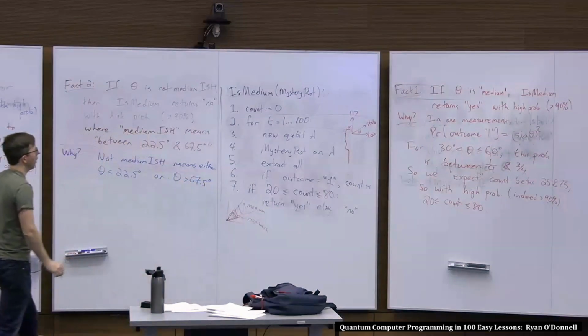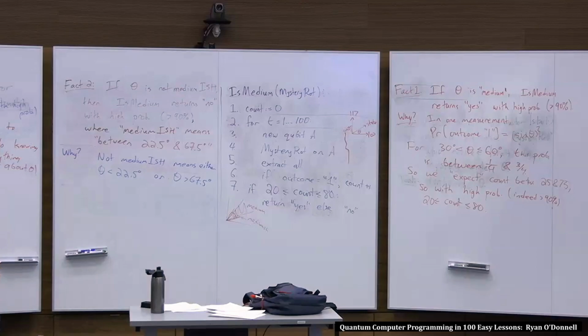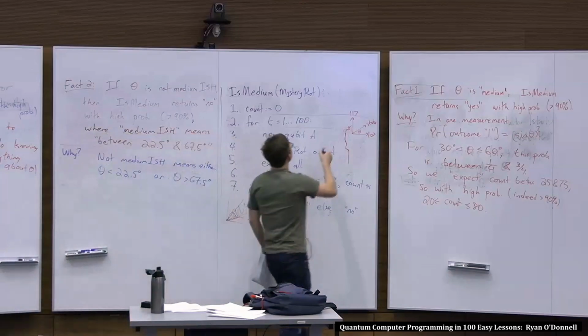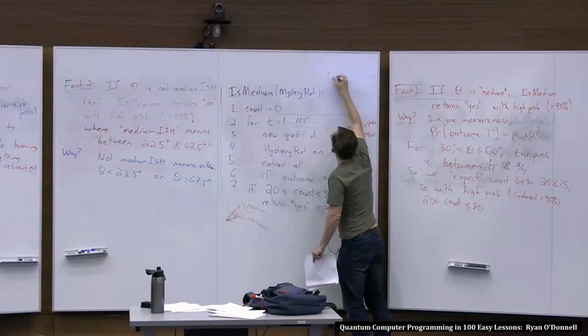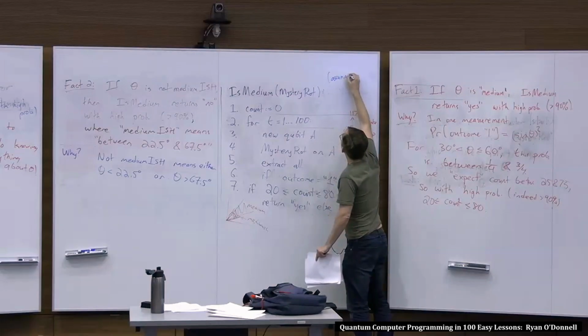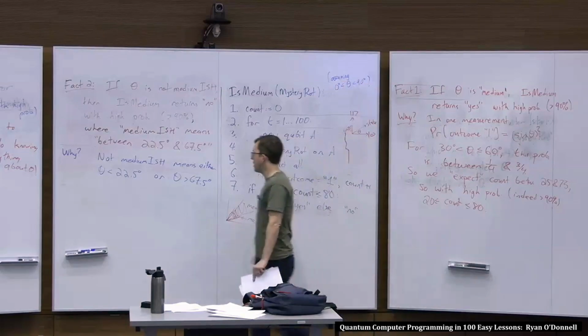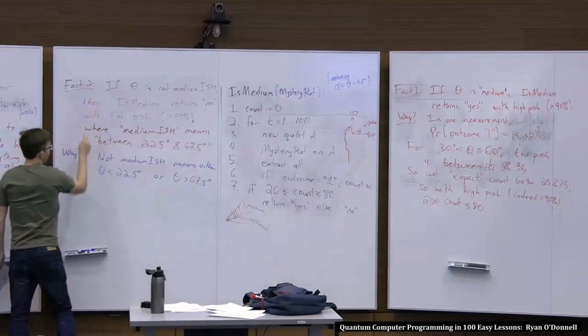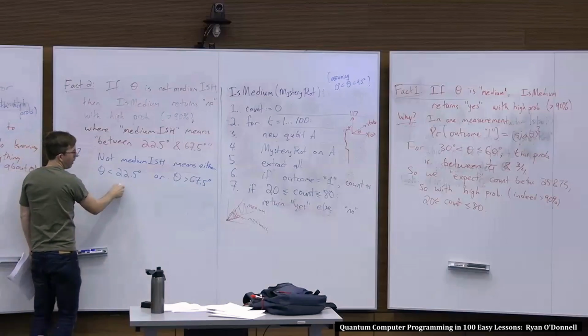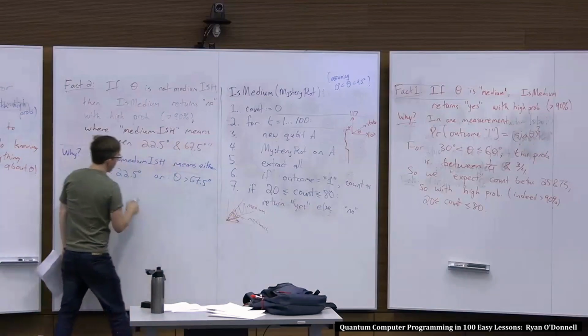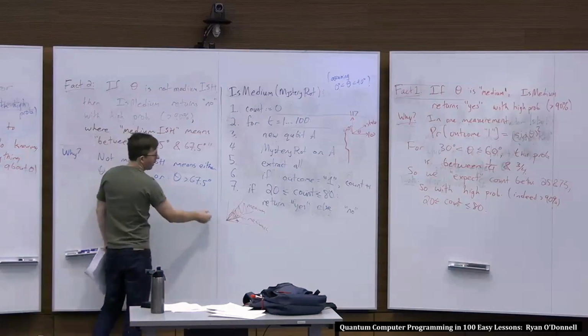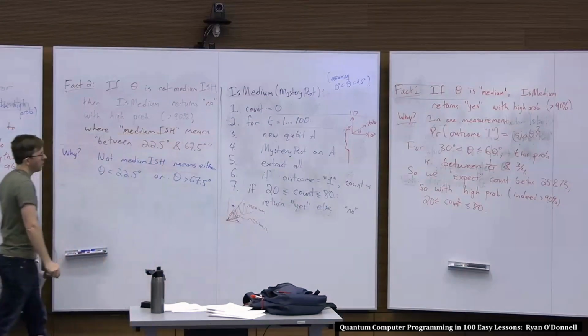And I should have mentioned this before. I don't think I wrote it down, but for this whole detecting medium thing, I am assuming this theta is between 90 degrees and 0. So if it's not medium-ish, then it's either between 0 and 22.5, so it's in here, or it's between 67.5 and 90 degrees, so it's in here.